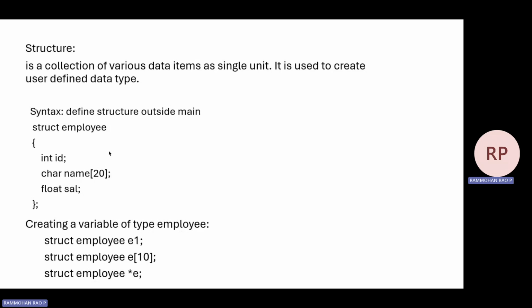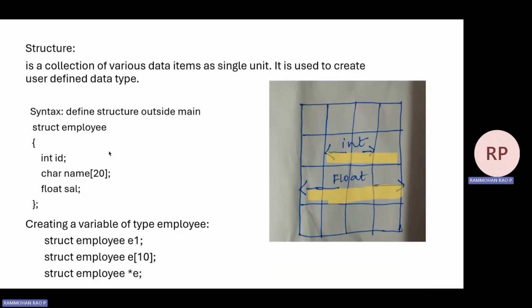Let us understand the reason behind it. So please observe this. See here, imagine this box represents my main memory, right? Each cell represents 1 byte. Imagine I wanted to create a structure with only two members, one integer and one float.